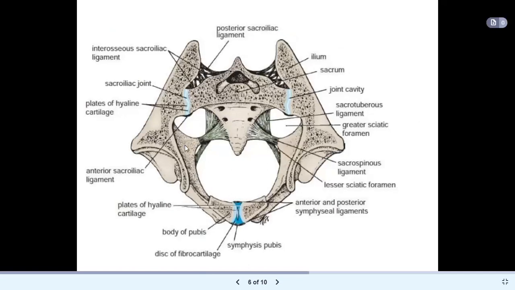Okay, so this is the pelvic outlet you are able to see. From the ischial spine, there is one ligament extending to the sacrum. You call it the sacrospinous ligament. From the ischial tuberosity to the sacrum also, we have a ligament called the sacrotuberous ligament.